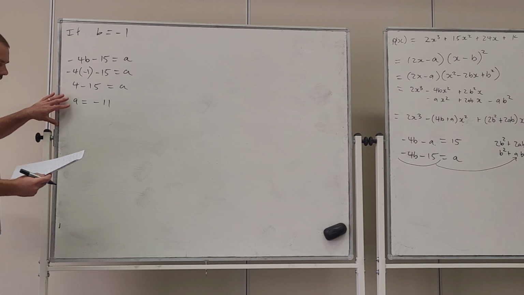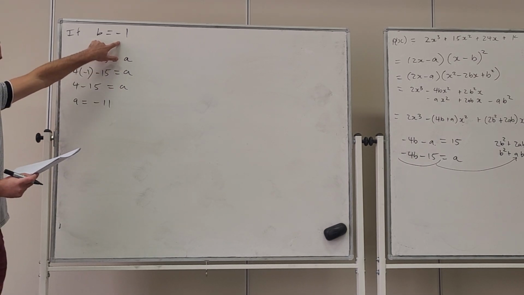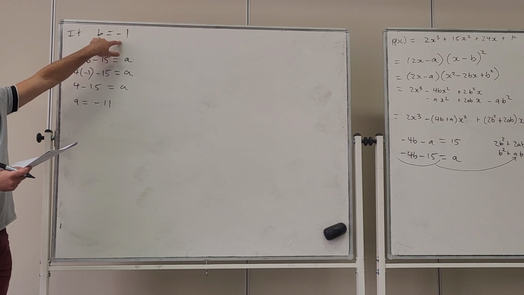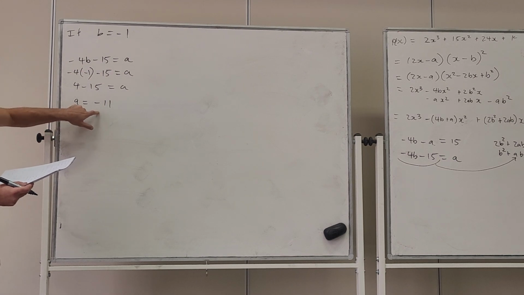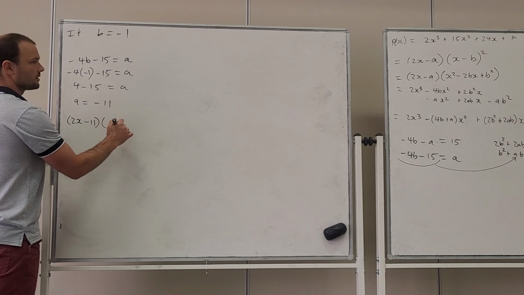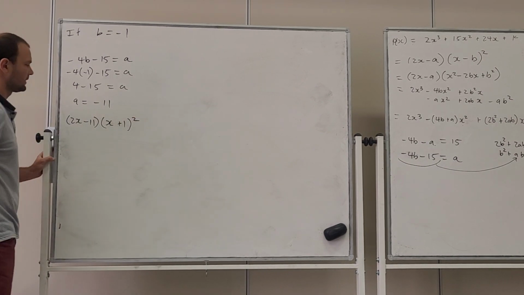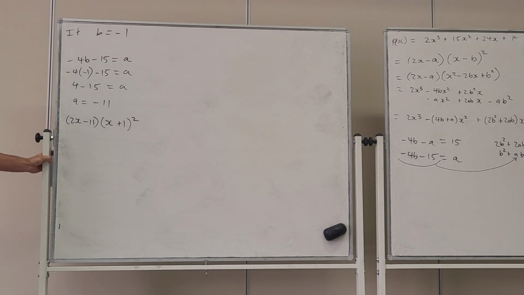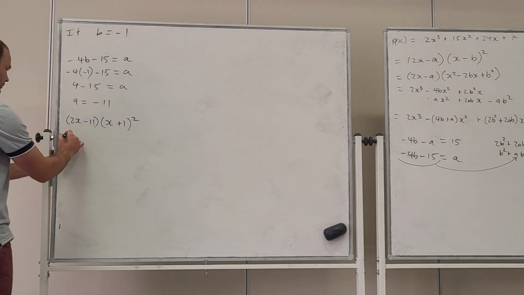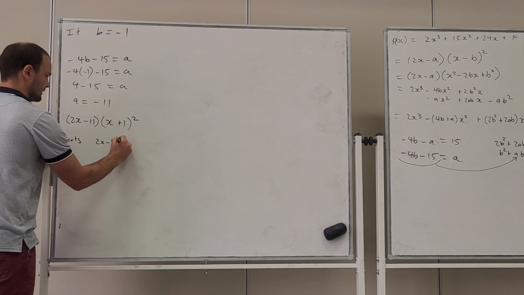Alright, so there's a fair bit going on here, so let's just focus on this case to begin with. What does the question ask us? It said, find the roots and find the value of k. Alright, so if we have a is minus 11, that means we've got 2x take 11 times x plus 1 squared. That's what this cubic is, okay? And so the roots in this circumstance are going to be 2x take 11 is 0.